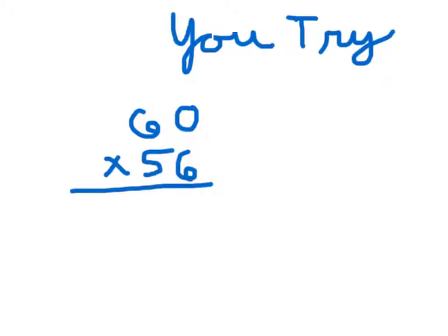Okay, it's time for you to try this first problem. Go ahead and copy it down. 60 times 56. And work it out. Hit pause. Hopefully you were able to finish that first step of 60 times 6 equaling 360.